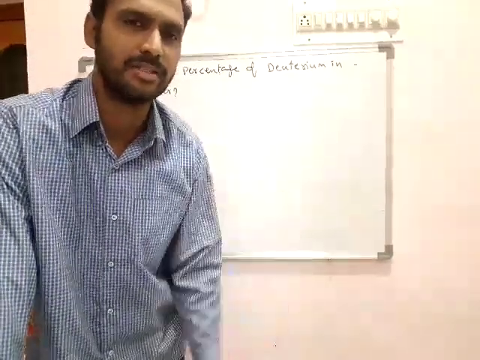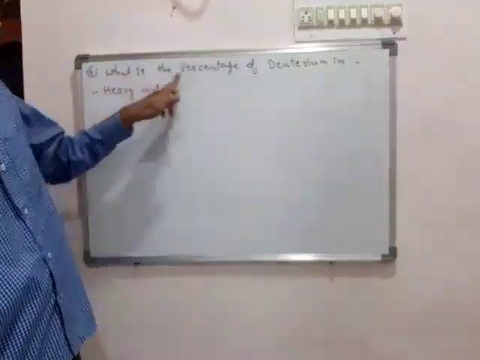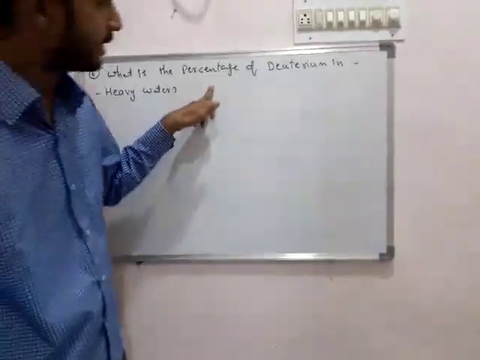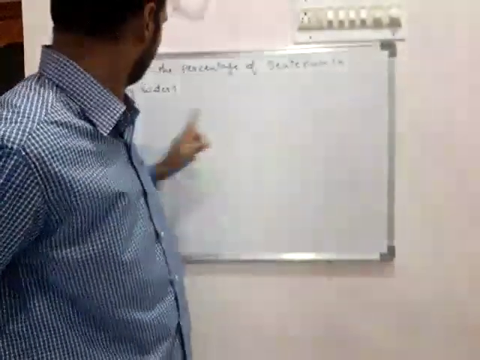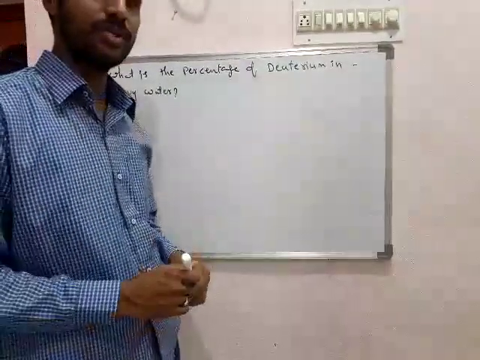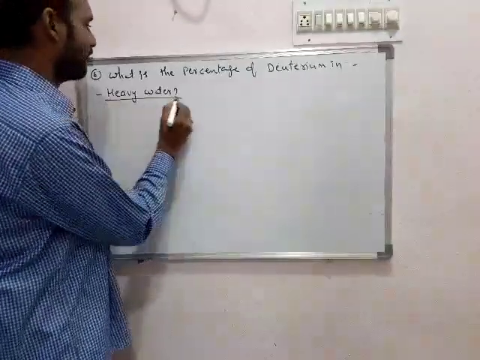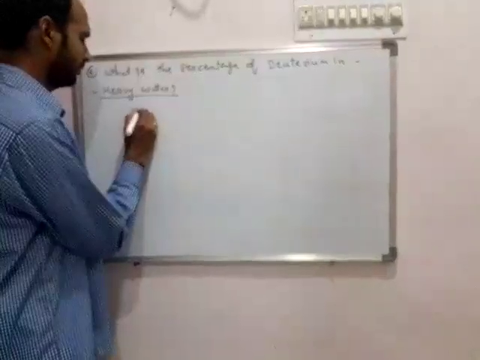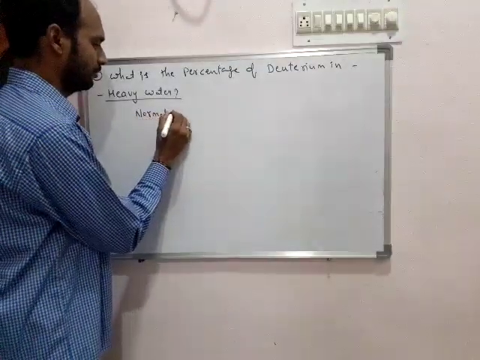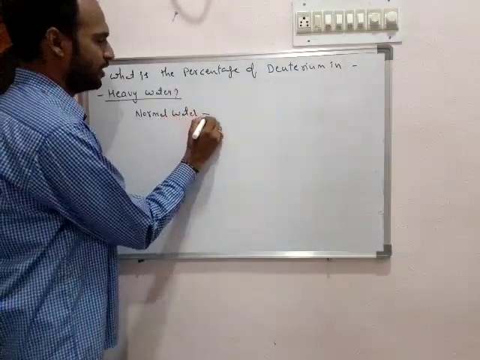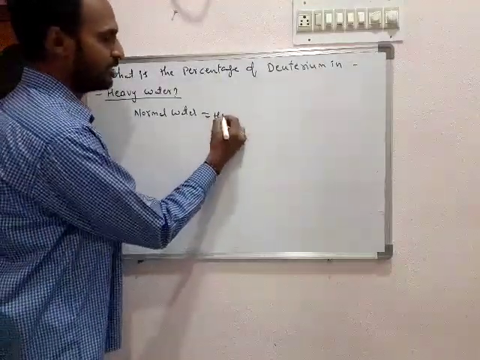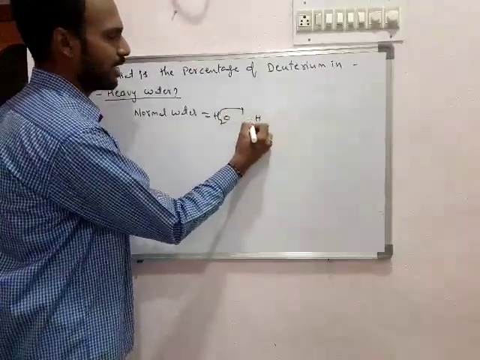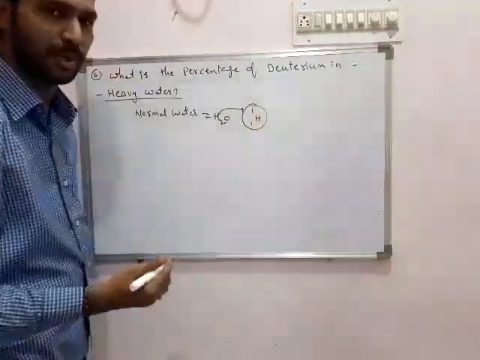See the next, the 6th one. What is the percentage of deuterium in heavy water? So what is heavy water? What is the difference between normal water and heavy water? We know that normal water is H2O, in which the hydrogen isotopes are H-1-1, they are protium.